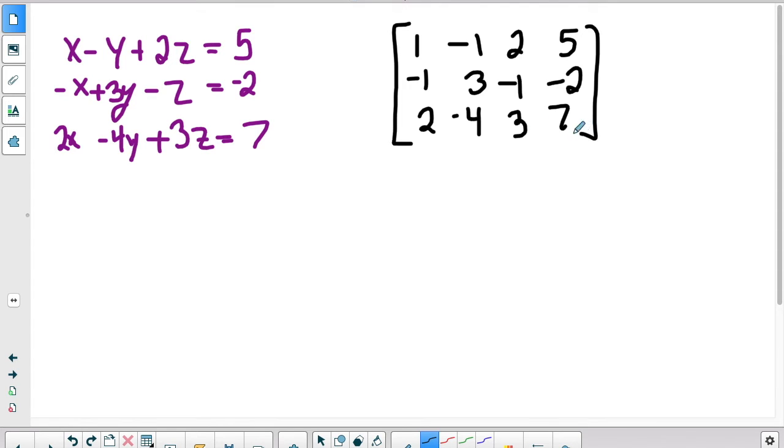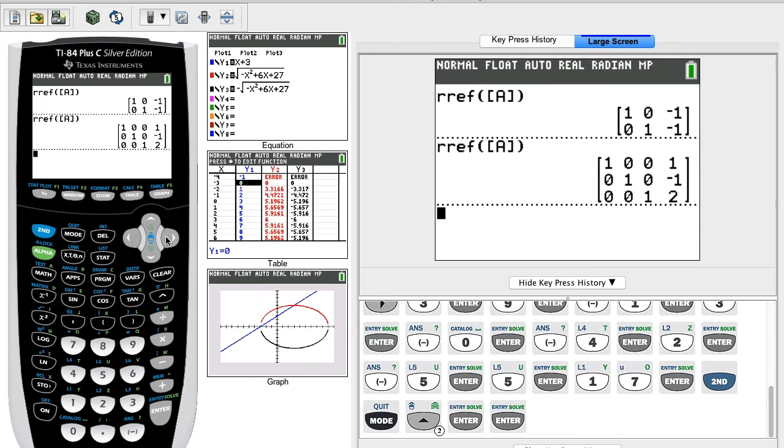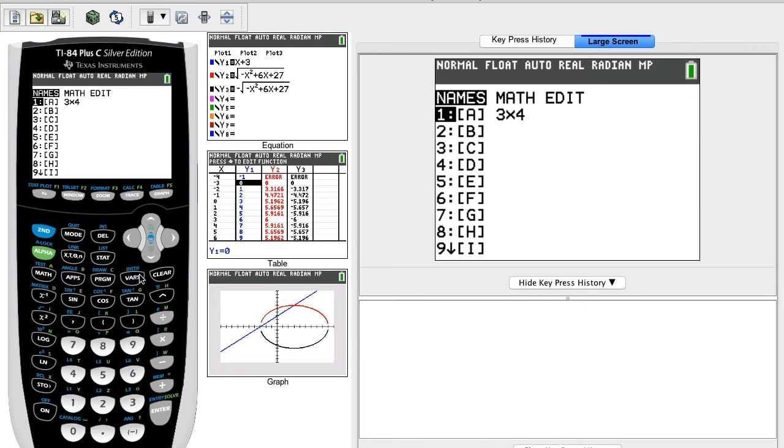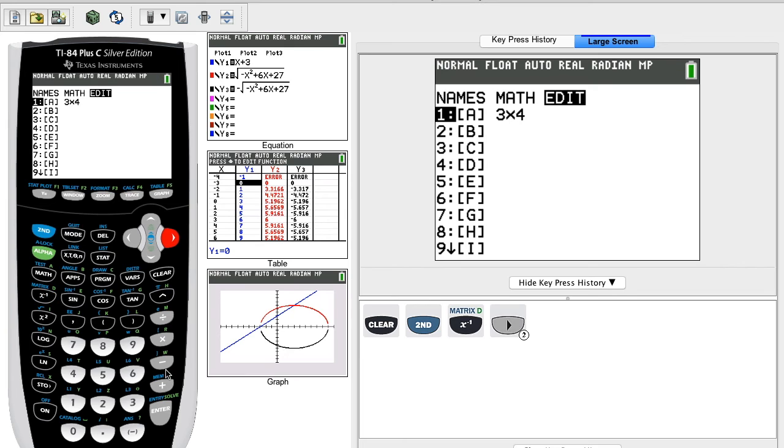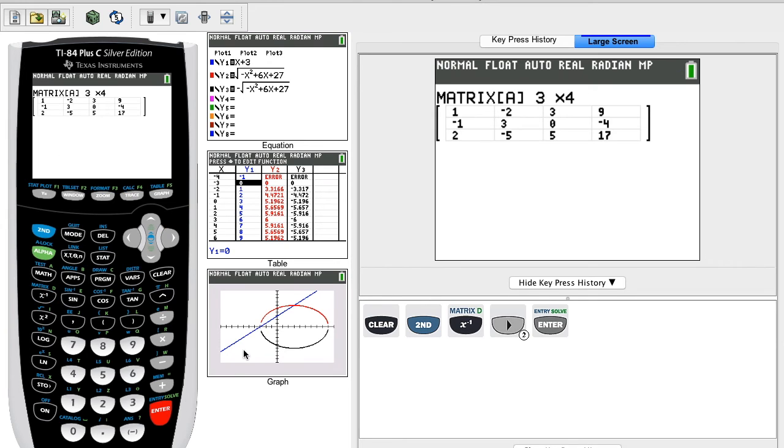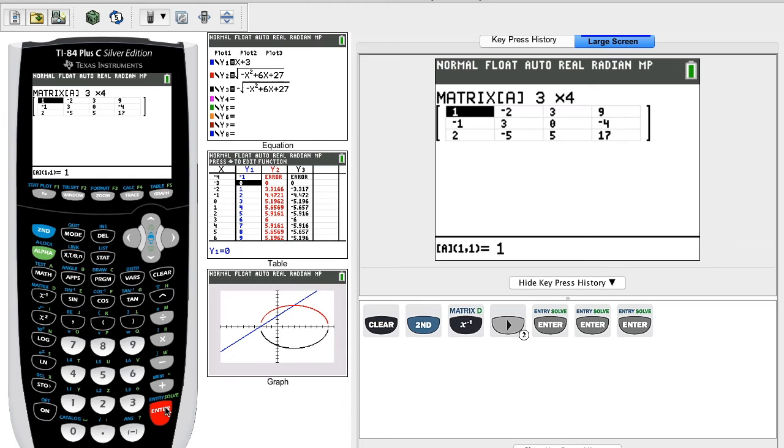And so I'm going to do that now too. So I'm going to pull up my graphing calculator. And we're going to go second matrix. So we went second matrix and we scrolled over to edit. Now we still have a 3 by 4, but this time we have 1.